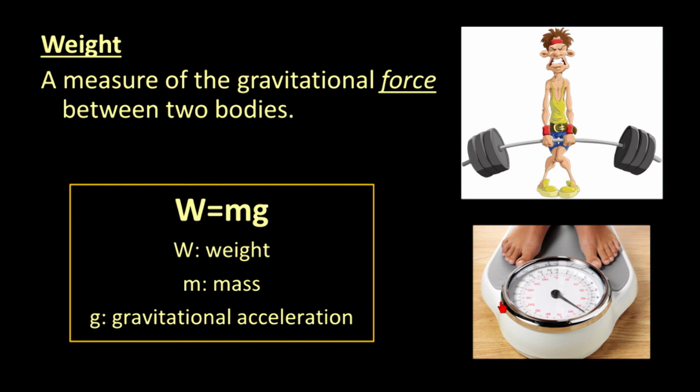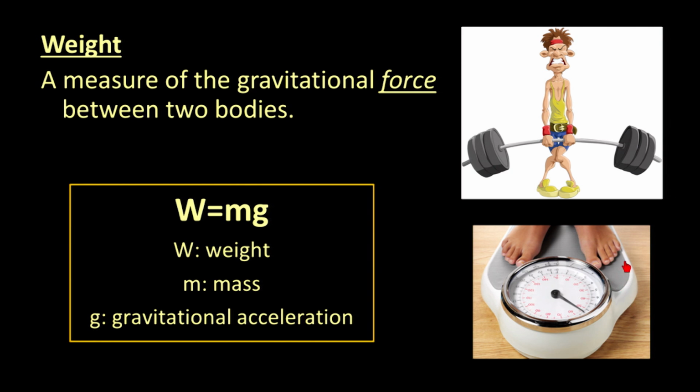Now, this picture you see here on the right, when you step on a scale, what is actually happening is the Earth is pulling on you, and the Earth is trying to take you to its center. Now, clearly the ground gets in the way. The ground prevents you from going any further towards the center of the Earth. If you slide a scale between you and the ground, notice that you're now on the scale, which is on the ground.